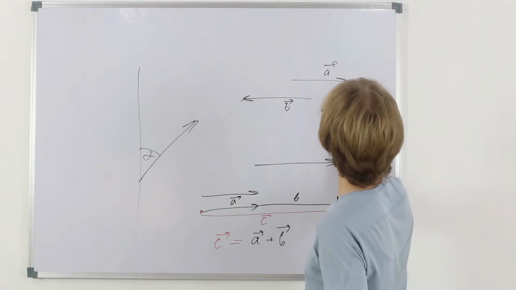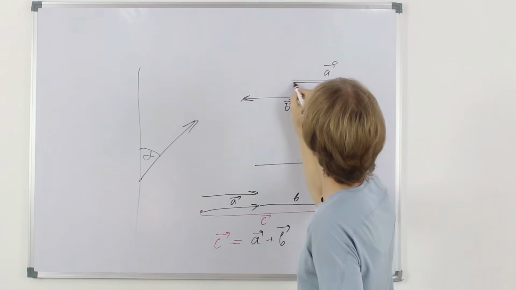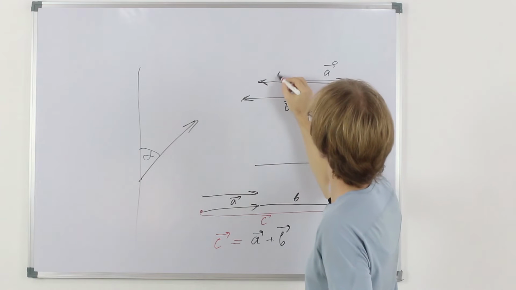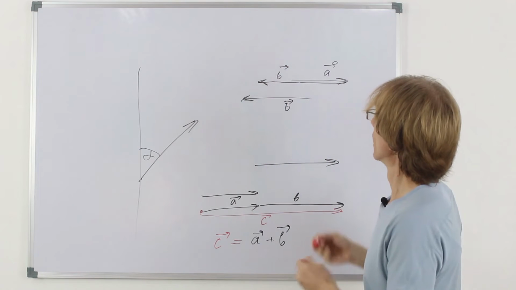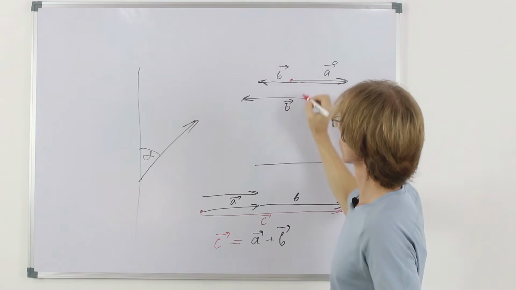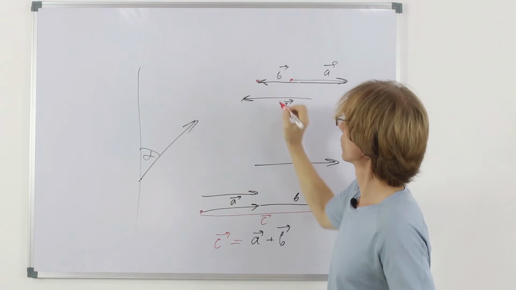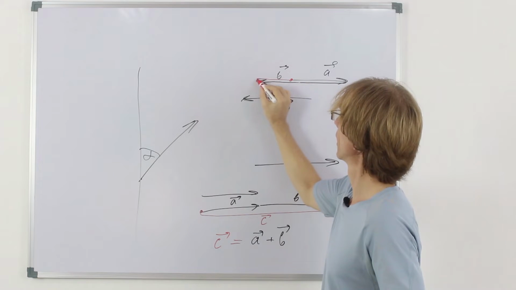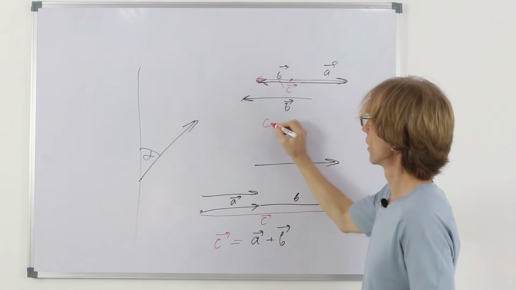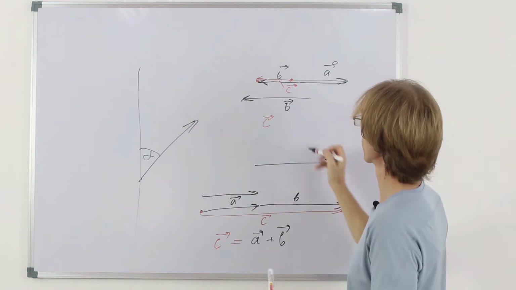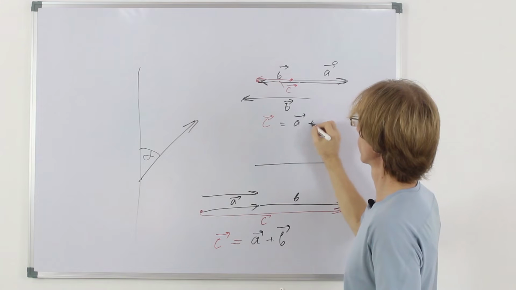So we redraw and we put B here. And what is the sum? The sum is, again, I'm joining the base of the first with the tip of the last, and this vector is vector C, the sum. Again, I can write C is equal to A plus B.